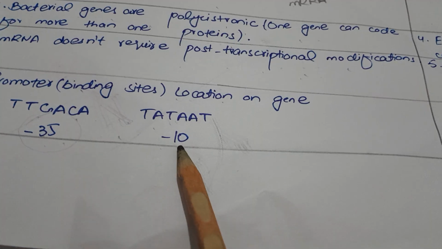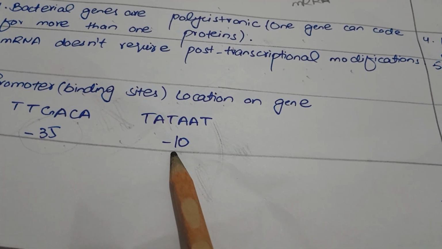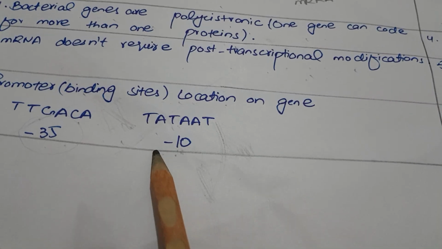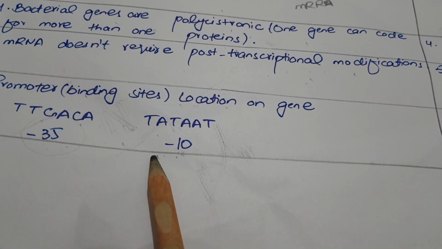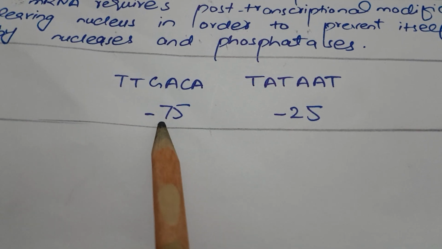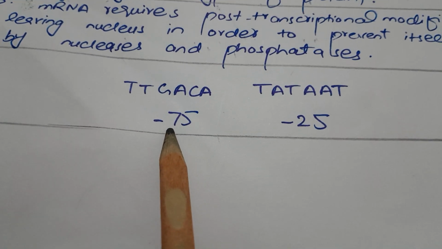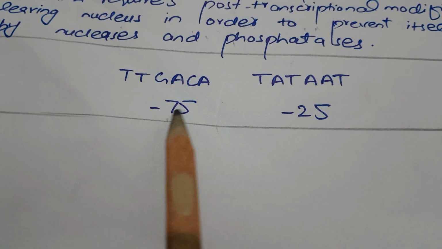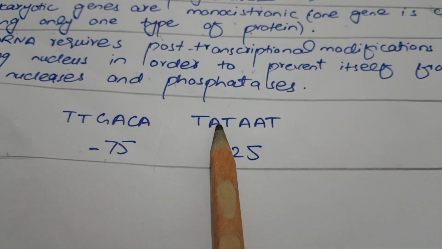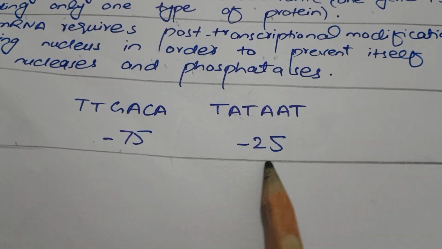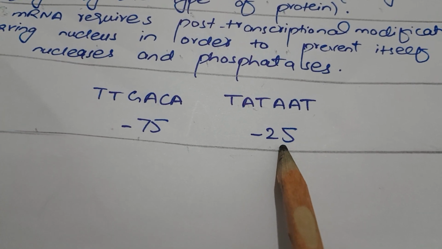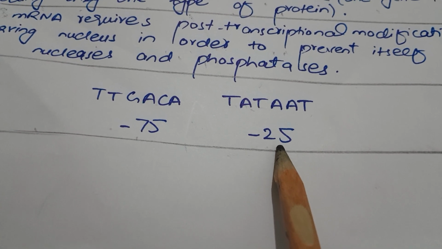TATAAT is present at -10, which means this promoter sequence is present behind the structural gene after 10 nucleotides. In eukaryotes, this sequence is present at -75 nucleotides. It means we have to move 75 nucleotides back from the structural gene, and there the promoter sequence will be present. TATAAT at -25 means this sequence is 25 nucleotides upstream of the structural gene.